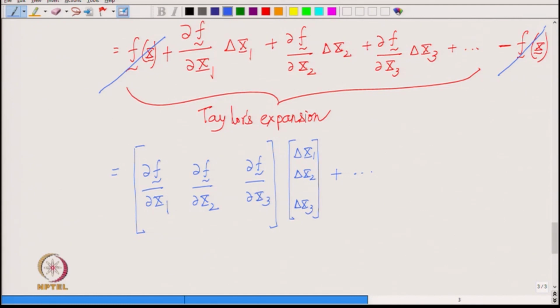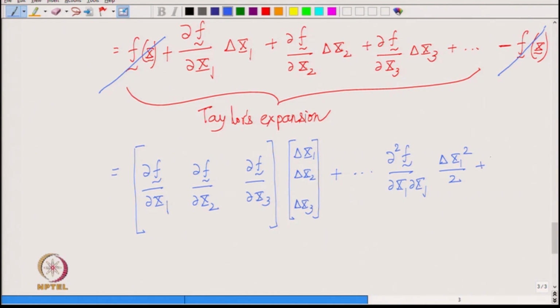Can you think of what that higher order term is going to look like? Just think of one of the terms here. For example, we will have del 2 f over del x 1 del x 1 into delta x 1 whole square by 2, is not it? That is one of the terms.